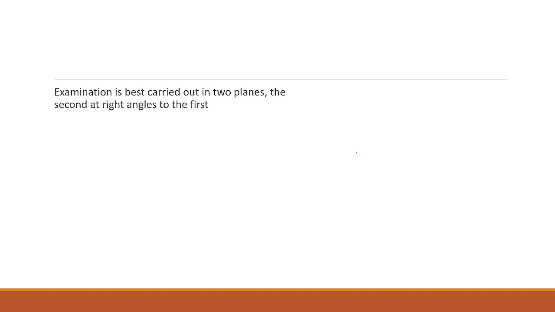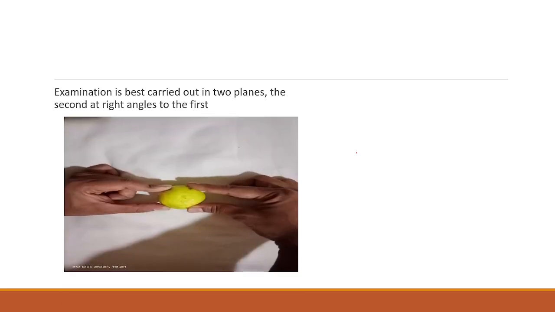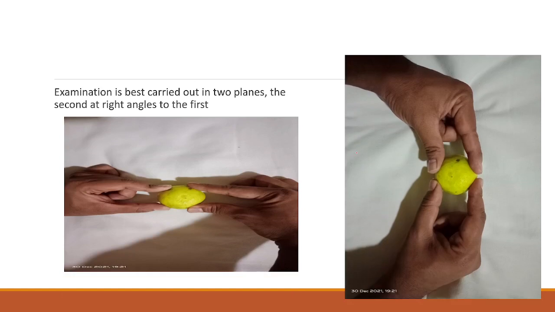Another principle is that the examination should be carried out in two planes, and the second one should be at right angles to the first. Look at that picture: the examination is done in one direction, and here the examination is done in the upward direction.